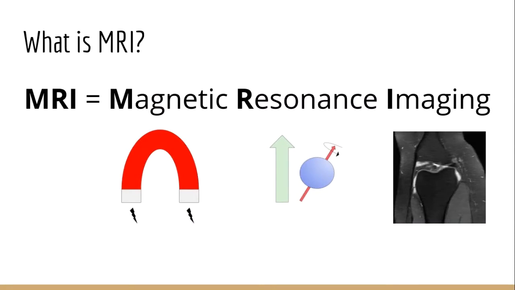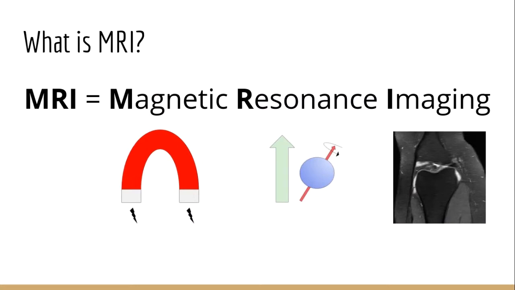And this physical phenomenon is happening thanks to a big magnet that we have around the organs to image. And in this particular setting, we're talking about the resonance of the hydrogen atoms in the water molecules of the body.